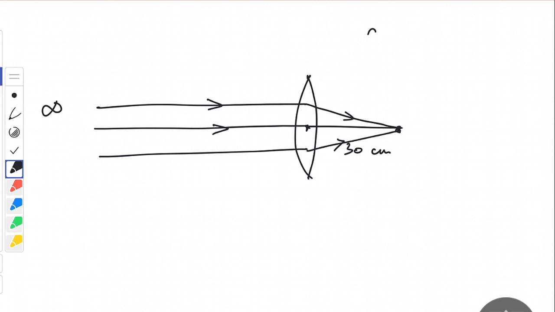The question is, what is the focal length? Focal length is equal to how much? Now I'll also have to bring in the sign convention. Is the focal length plus 30 or minus 30? What do you think? Think carefully and tell me.